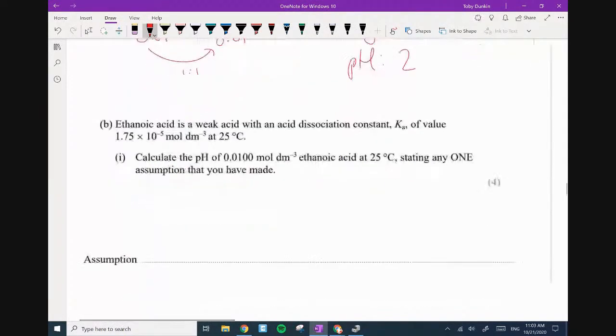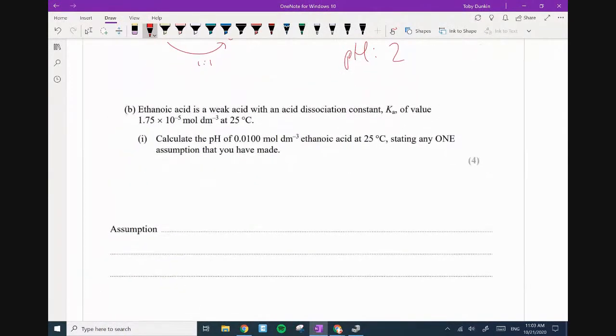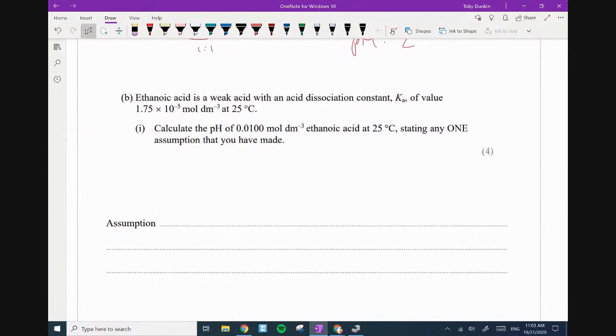Next. Ethanoic acid is a weak acid with a Ka value of, they've given us a different Ka value on purpose. Calculate the pH of ethanoic acid stating one assumption. Ka equals H plus multiplied by ethanoate ion over CH3COOH, the original acid.